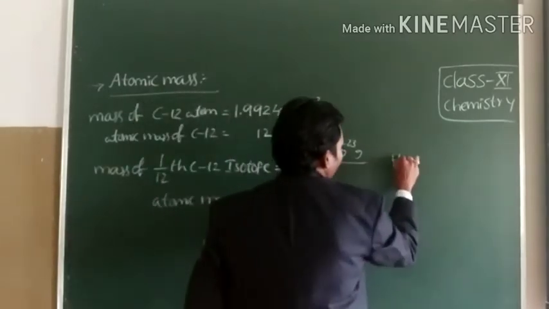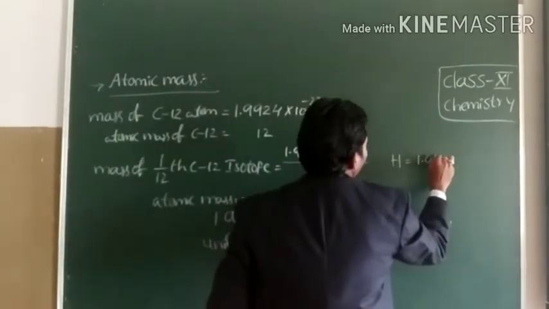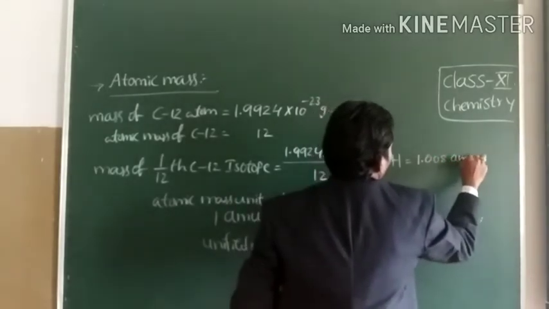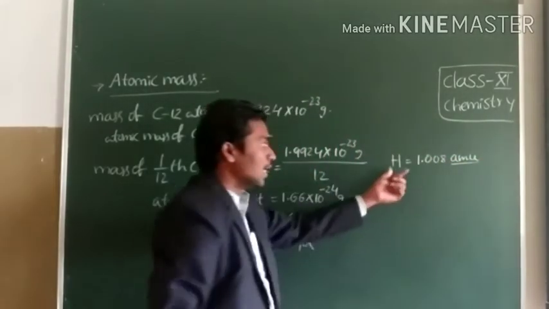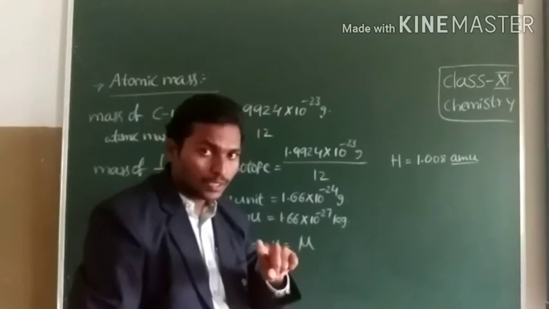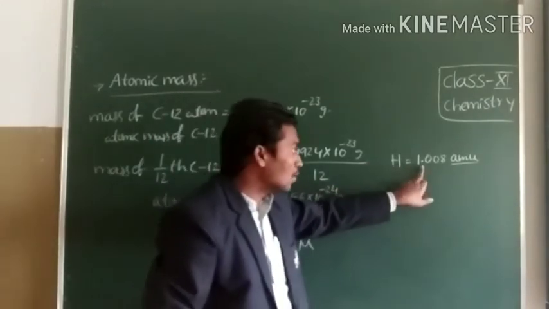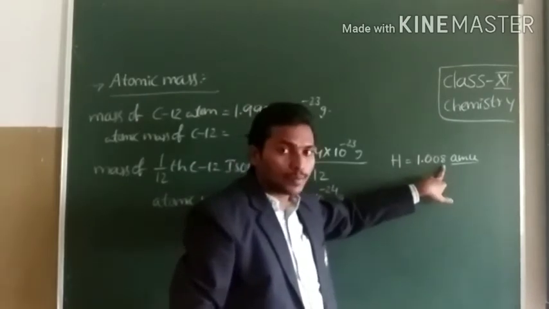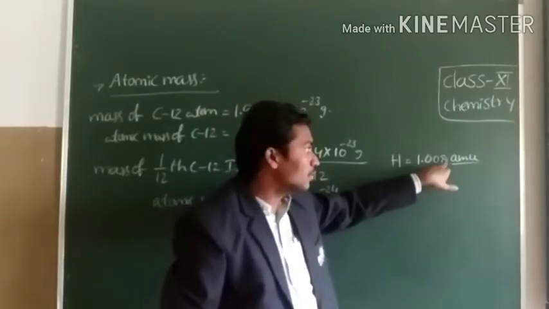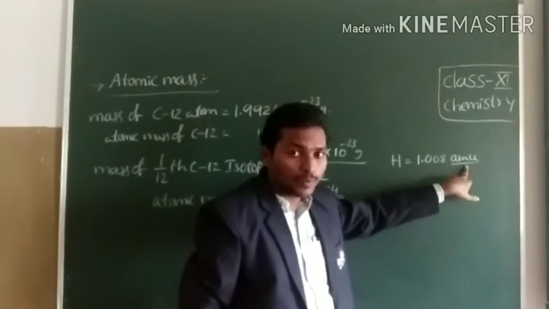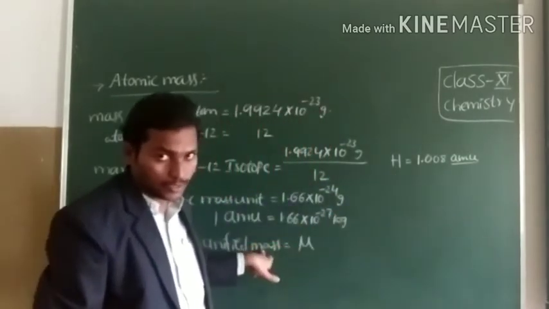For example, the atomic mass of hydrogen is 1.008 AMU. That means the mass of one atom of hydrogen is 1.008 times heavier than the atomic mass unit. Here atomic mass unit means standard atomic mass.